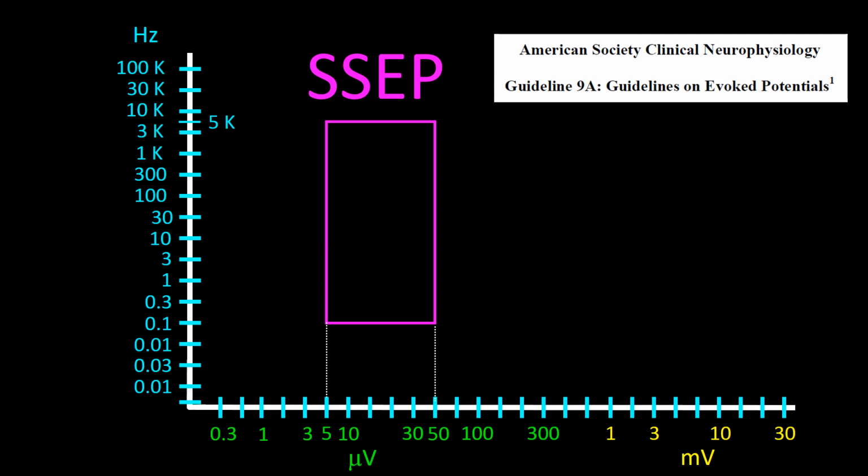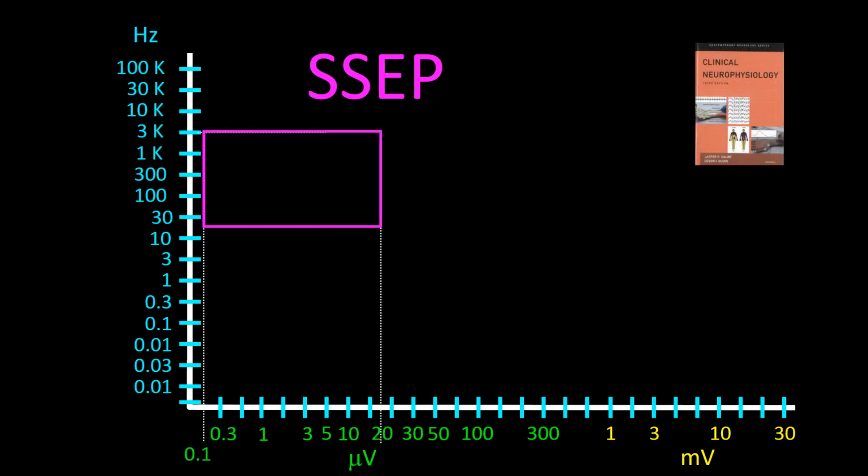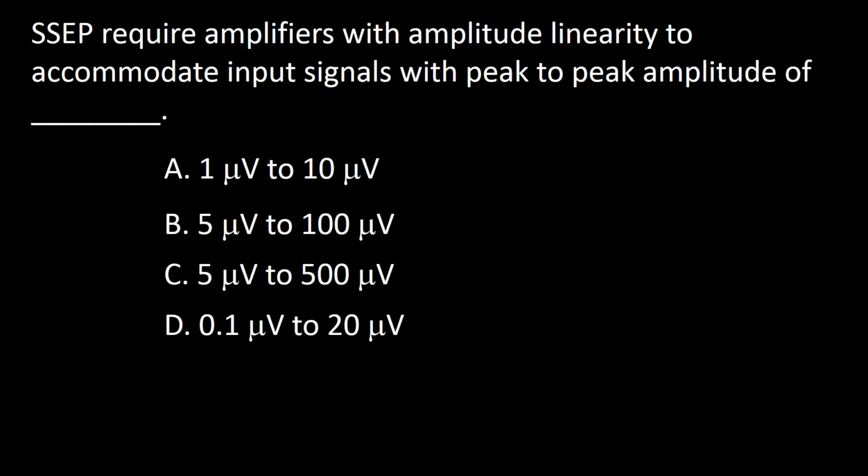These guidelines do not specify the type of evoked potential being studied. The recommendation stated by Jasper Clinical Neurophysiology is for amplifiers to be able to maintain linearity in the case of somatosensory evoked potentials between 0.1 to 20 microvolts. So the answer to this question is D.